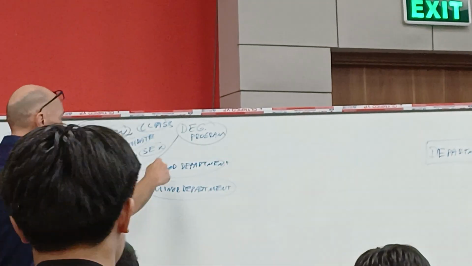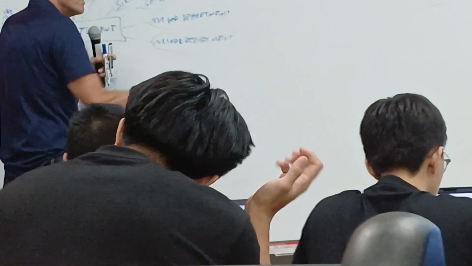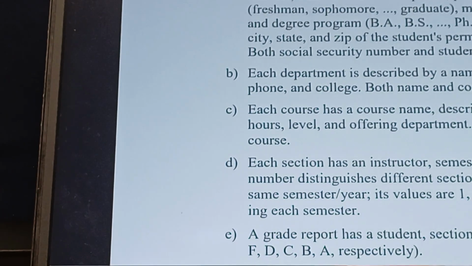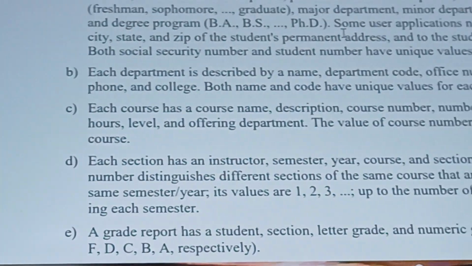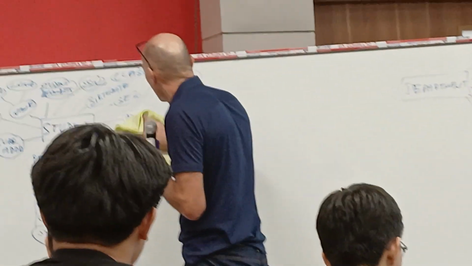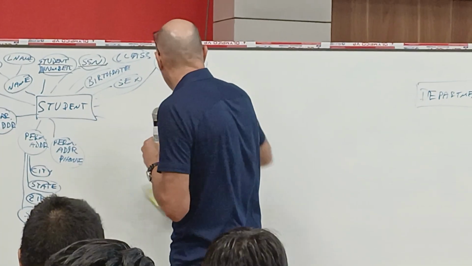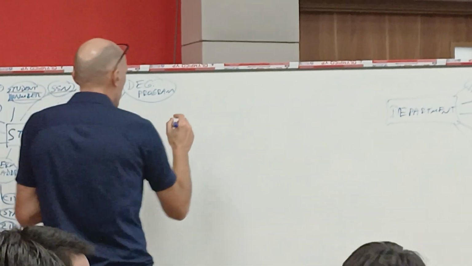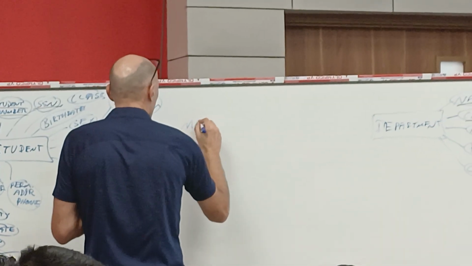Same here, we scratch these 2 attributes, and we make it a relationship, because we do not only store the name of the major and minor department, we have already in our database much more information about departments. So we scratch these 2. And we replace it with relationships.